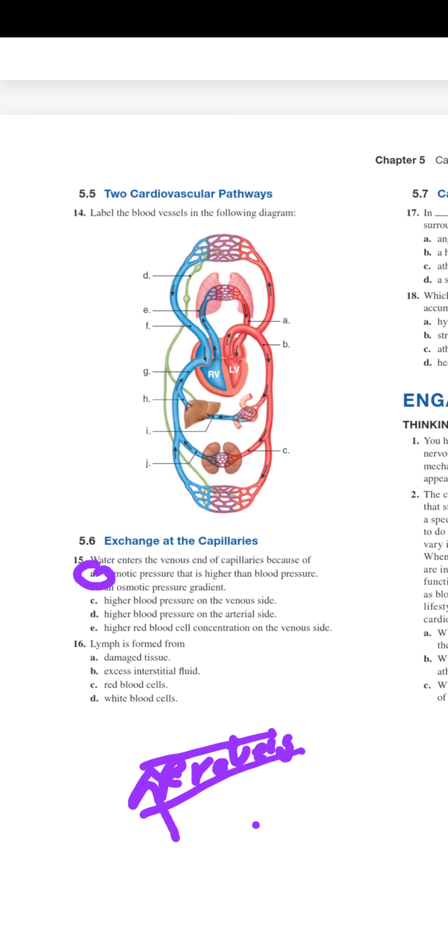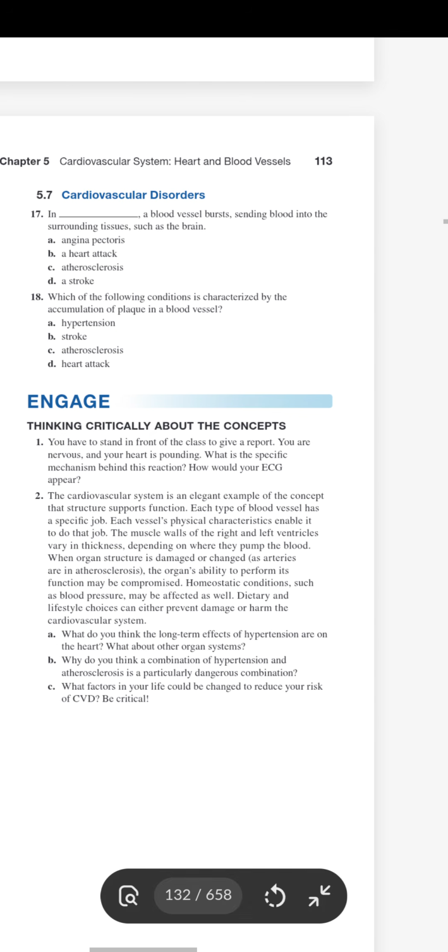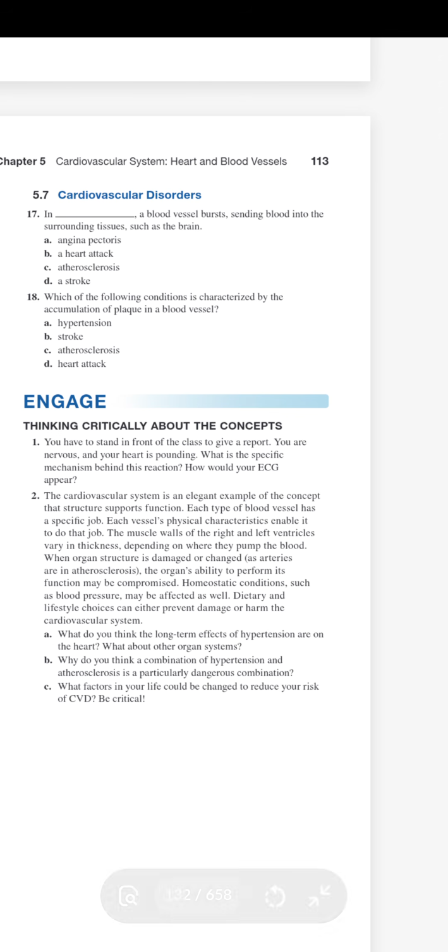Lymph is formed from, we just said, excess interstitial fluid. 16b. A blood vessel bursts, sending blood into surrounding tissues such as the brain. Angina pectoris is just chest pain. Heart attack.